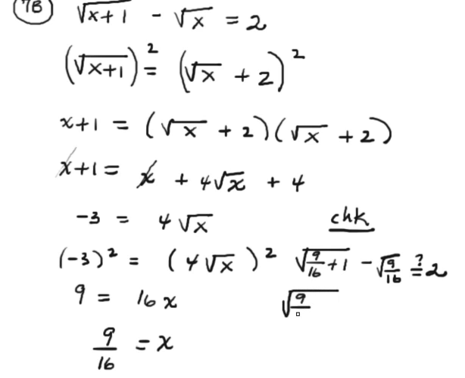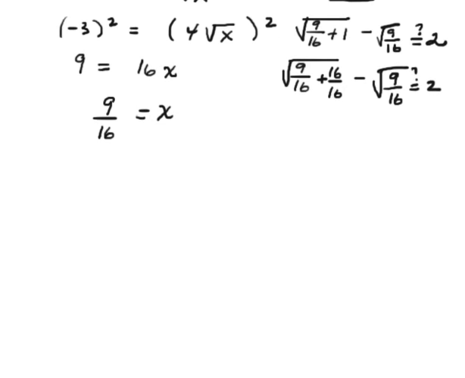We have to add these two terms together. I'll write 1 as 16 over 16. So there we get square root of 25 over 16 minus the square root of 9 over 16, and is that equal to 2?